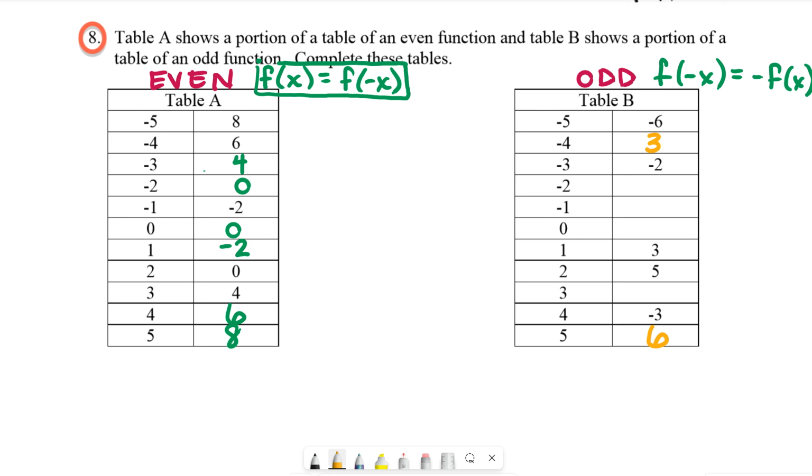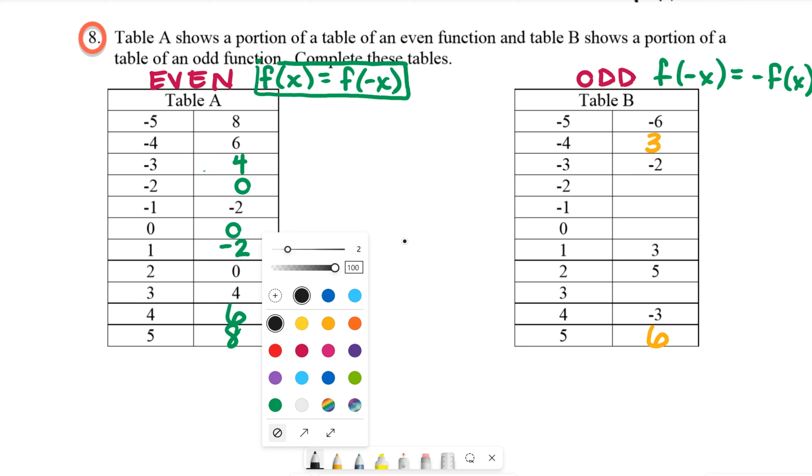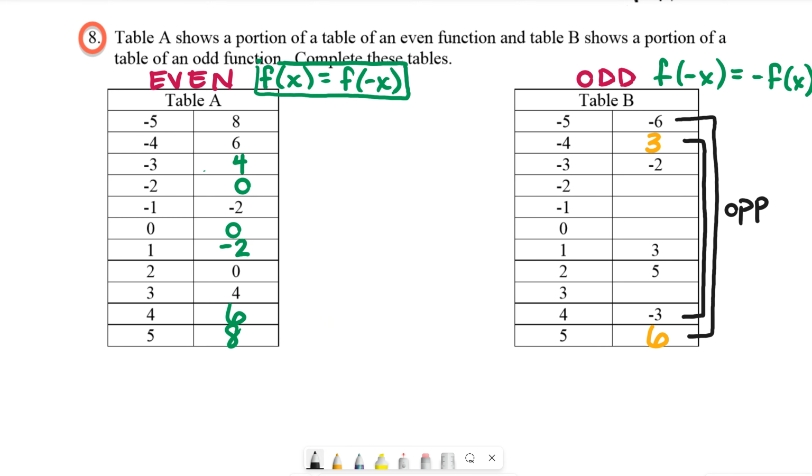So I have to choose the opposite. Okay, O for odd is opposite. So I want you to notice here, and let me show you as I pair it up. Look at this negative 6. The opposite is positive 6. 3, the opposite is negative 3. The output values here have to be opposite.